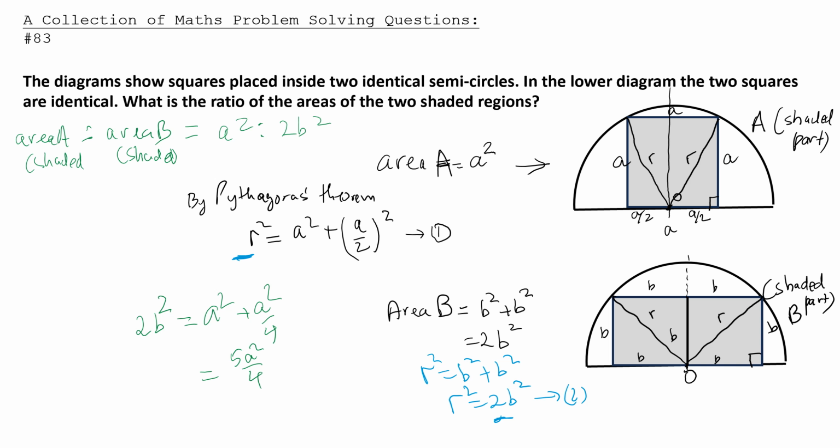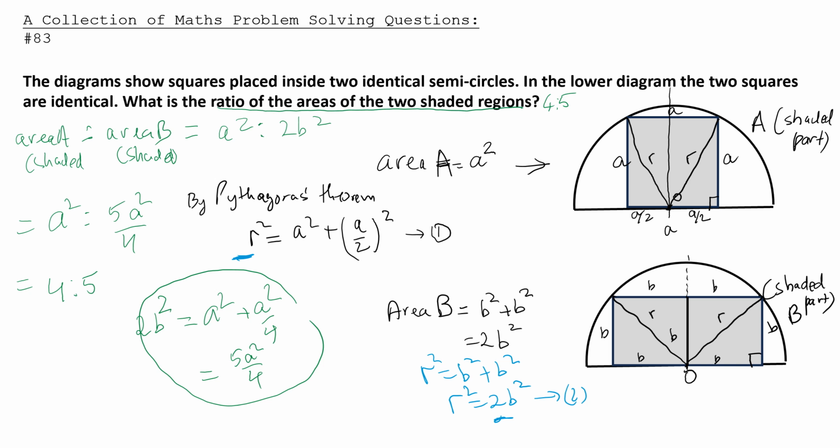So that would give us A square is to 5A square out of 4. So from here, that is twice of B square, so this we can simplify and we get 4 is to 5. So the ratio of the areas of the two shaded regions is 4 is to 5.